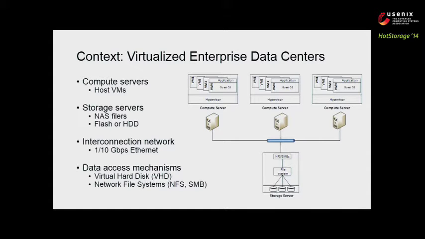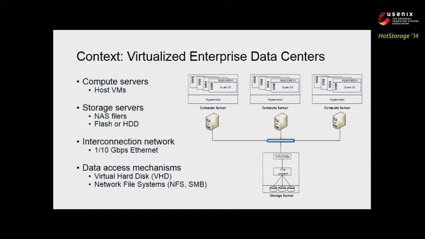networks. The mechanisms that are used to access remote data are mainly two. First of them is virtual hard disk, or VHD. This mechanism is transparent to the guest OS, and essentially for every hard disk within the guest OS, there is a VHD file, a unique file stored within the storage server.